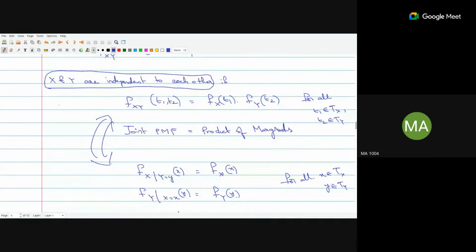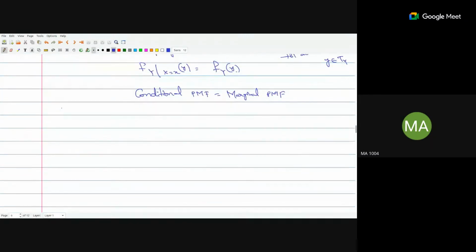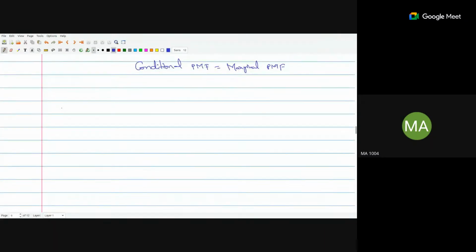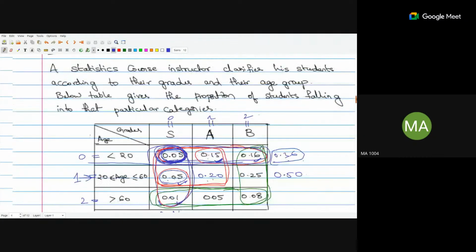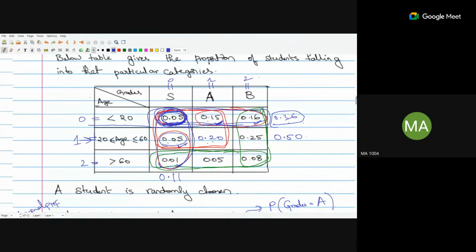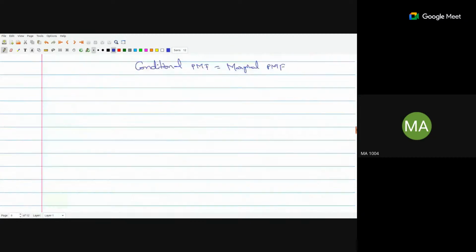But when a table is given to you, how do you identify what all things you should check for the independence case? Let me bring the same table. Maybe I'll take a new example.